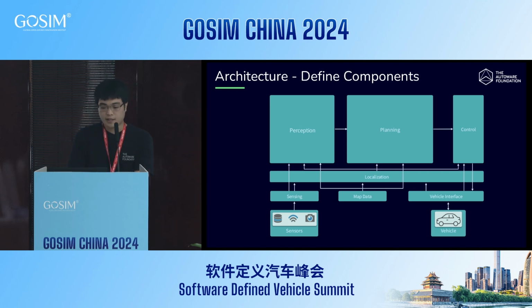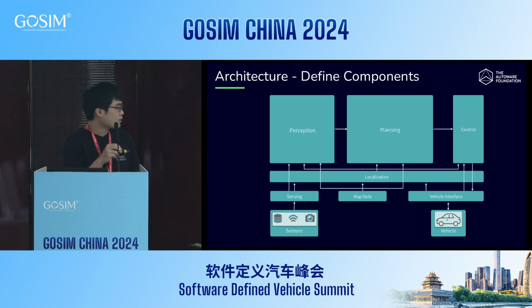For this, we took the approach of defining autonomous driving vehicles in terms of components, shown in this diagram here. This is the typical diagram used as the top-level component breakup of Autoware. We have sensing hardware. These sensing hardware are abstracted through our sensor drivers to make sure that they are converted into ROS topic messages.